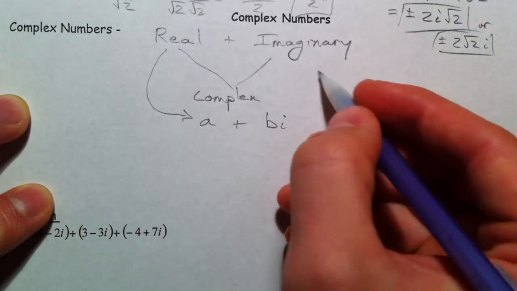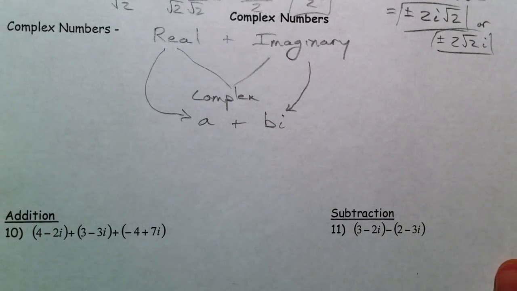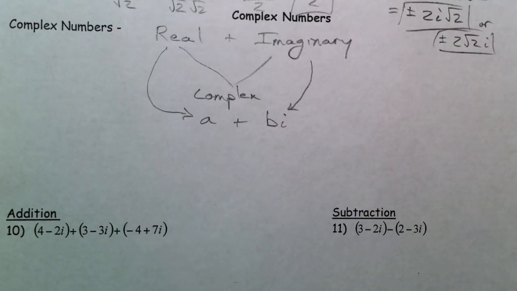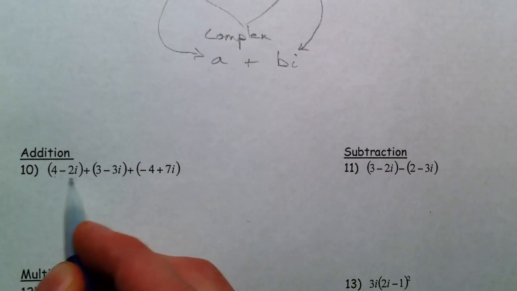A is the real, bi is the imaginary, and that's complex numbers. It's just both of them together. And so this is an example. 4 minus 2i is an example of a complex number.